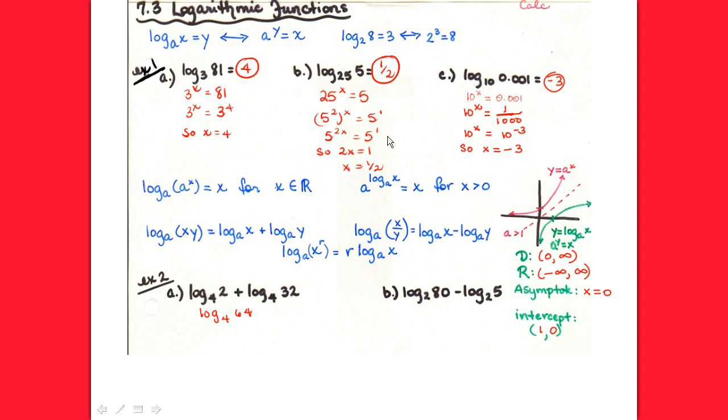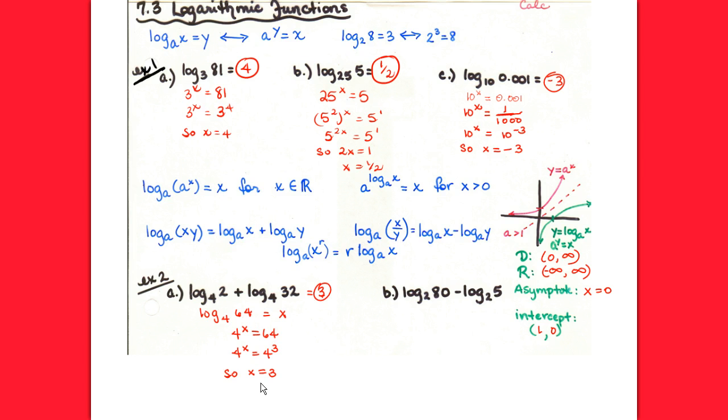Let's switch it to its exponential form, which would be 4 to the x equals 64. And again, that may be something that you know off the top of your head, but if not, we would just want to rewrite 64 with a base of 4. So if I rewrite 64 with a base of 4, that's 4 cubed. So now my bases are the same. I can set my exponents equal to each other.